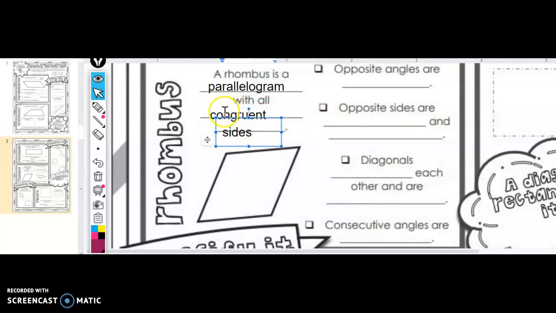I'm going to move that one better on the line. All congruent sides.